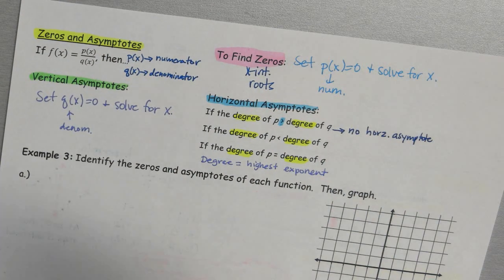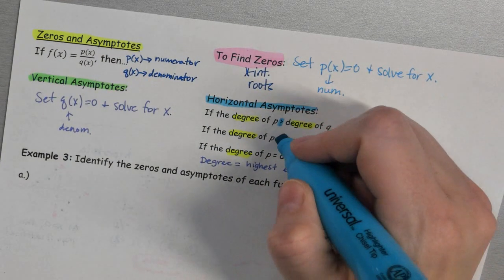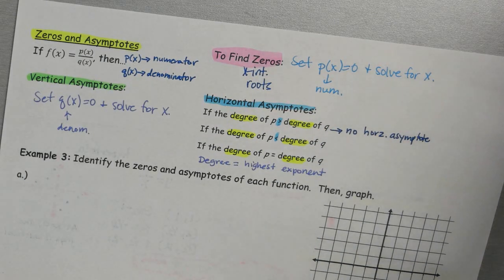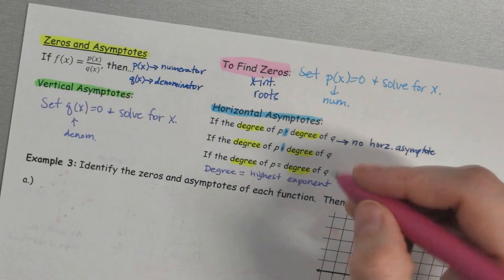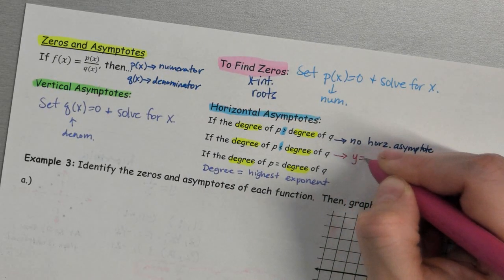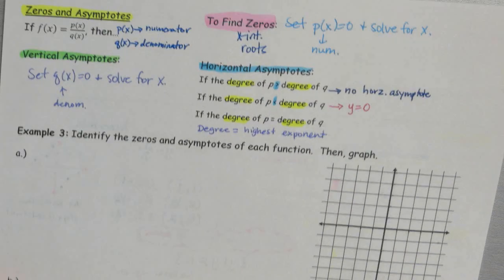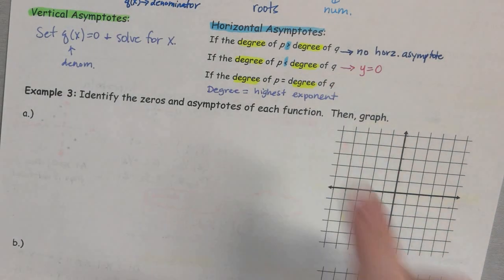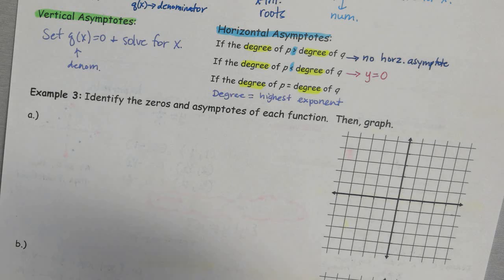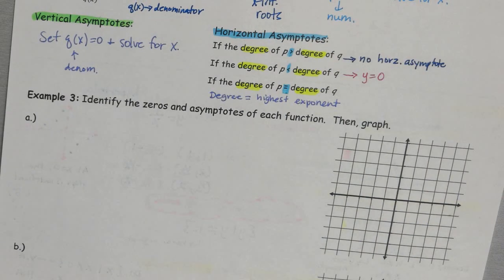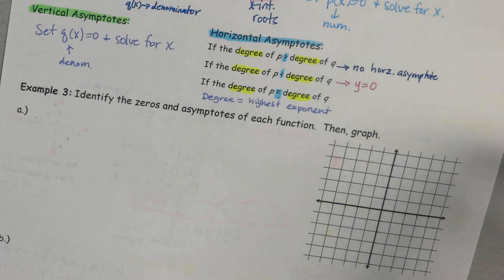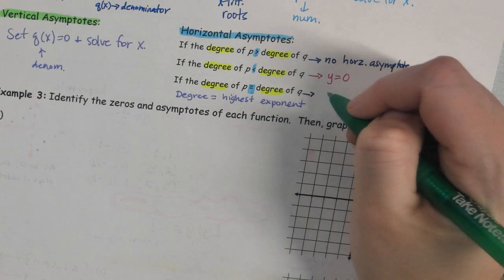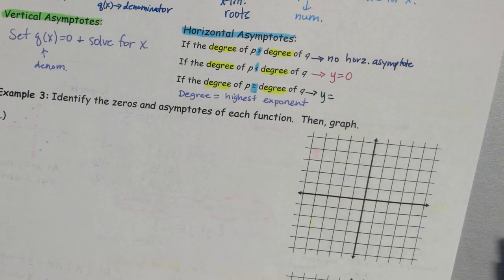Now, if the degree of p is less than the degree of q, that means the horizontal asymptote is y equals 0. So there could be no horizontal asymptote, or you could have y equals 0. Or if they're equal, then you get to make your own based on the leading coefficients.